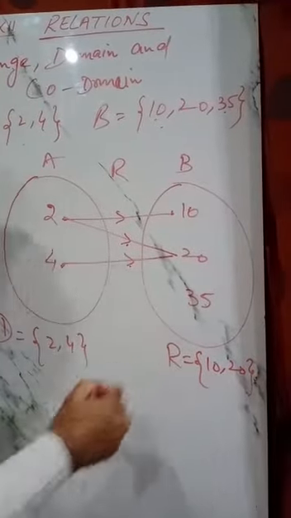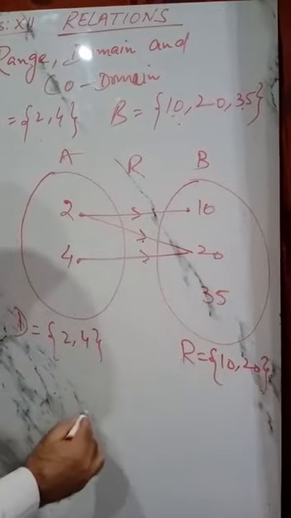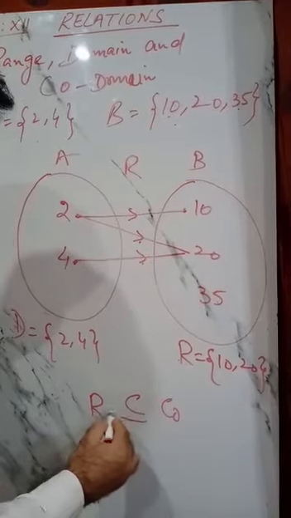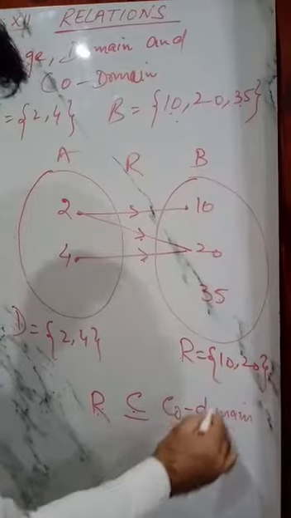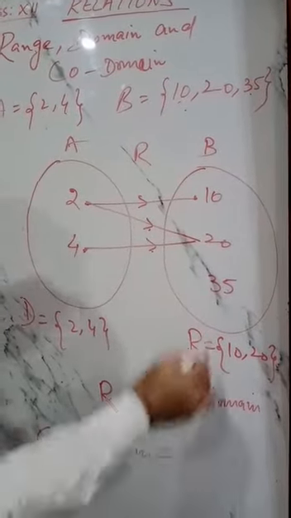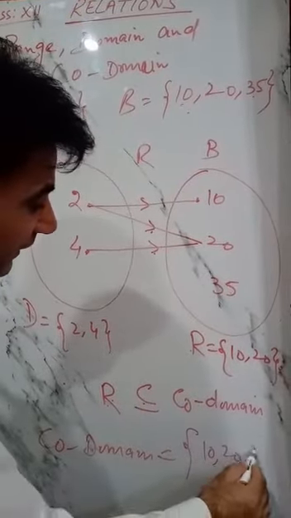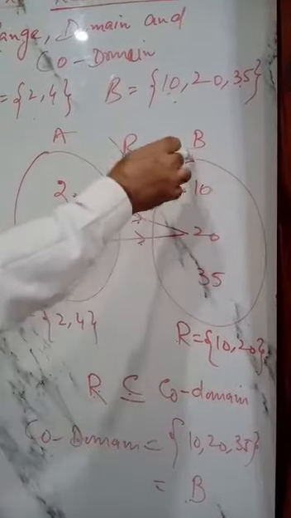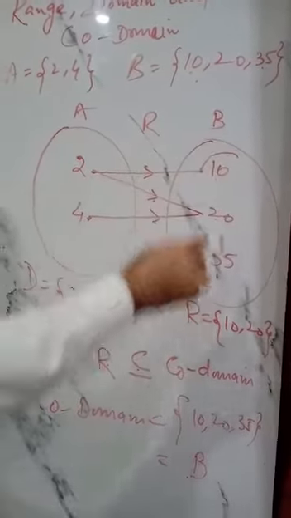And finally codomain: range is a subset of codomain, therefore codomain is set B, that is 10, 20, 35. All the three elements belong to the codomain.